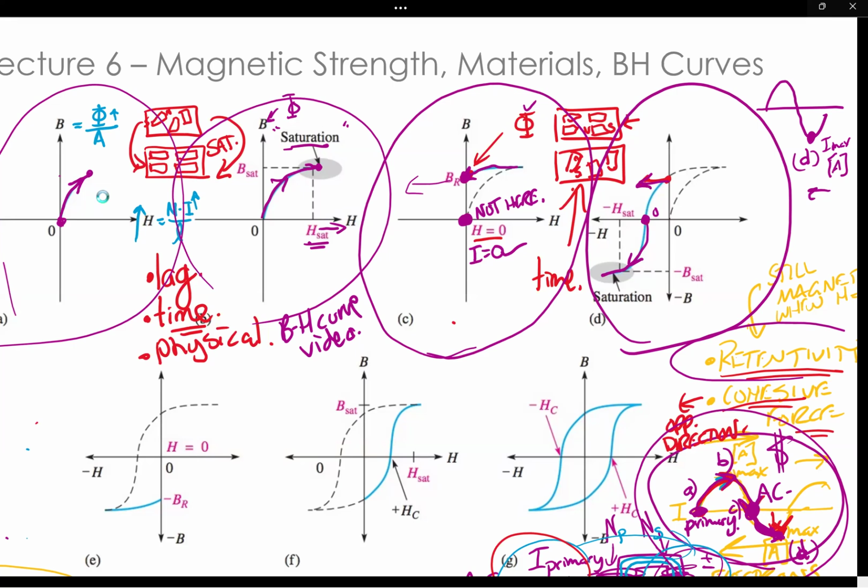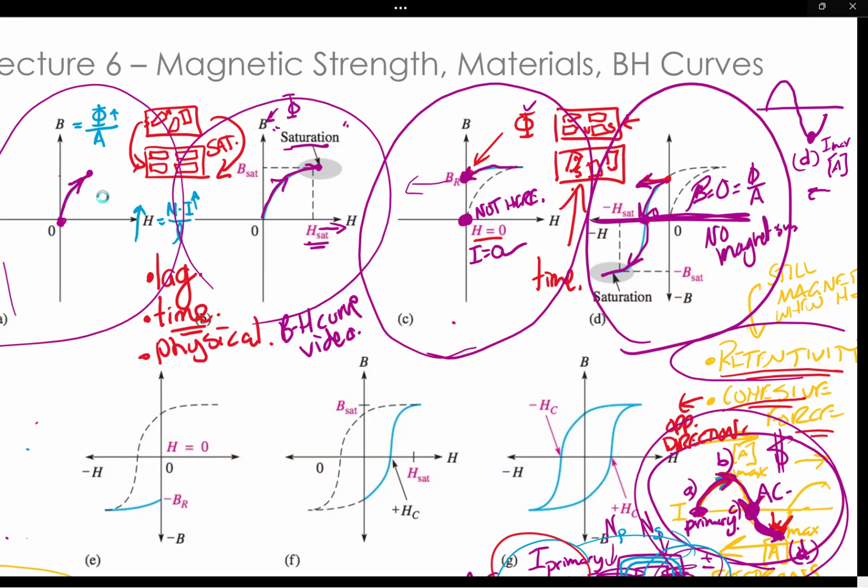Now, since I gave I max in the opposite direction, I forced there to be no magnetism. So when B equals 0, we are here on this axis. This is B equals 0. Magnetic flux density equals 0. That means there's no magnetism.